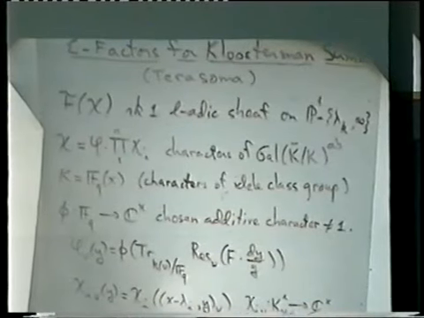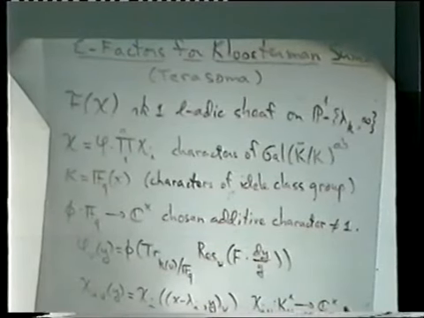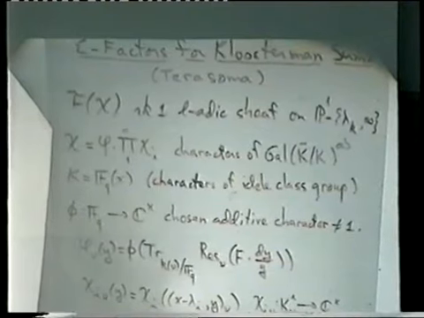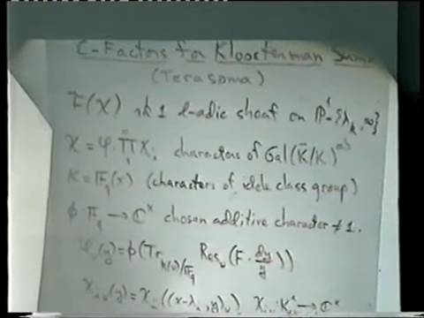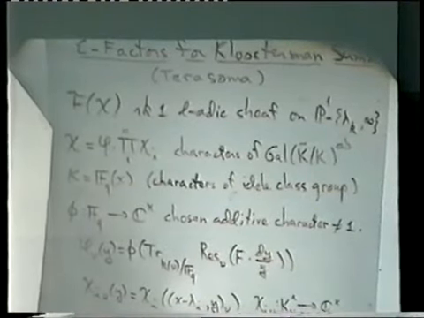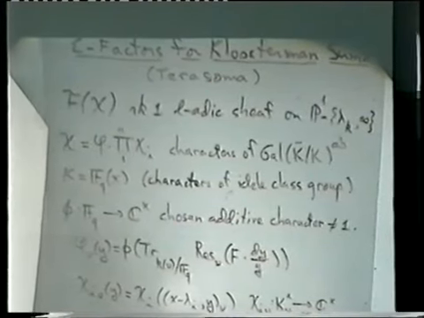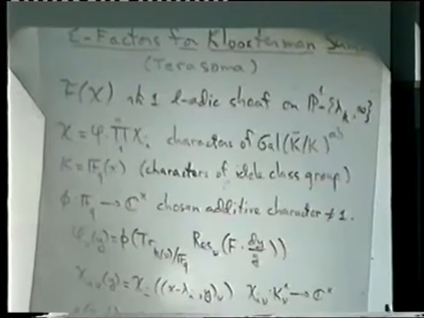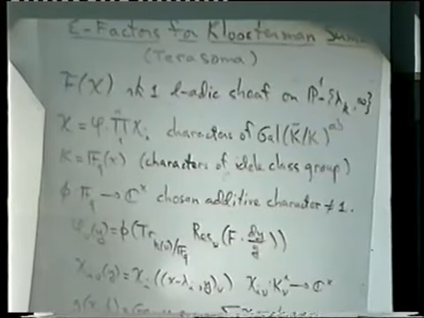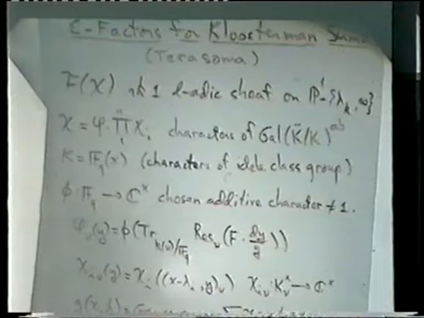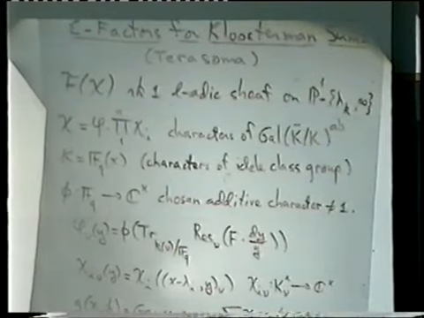But now let's go over to the finite field case, where the analog of this connection is a rank 1 L-adic sheaf, which I call f of chi, and it's defined by a character chi of the Galois group.